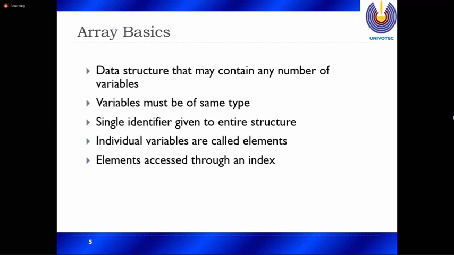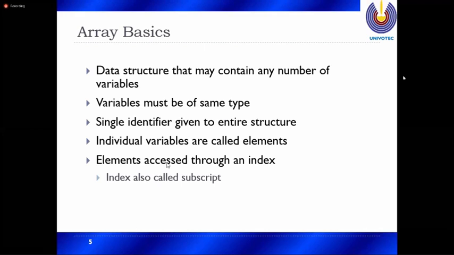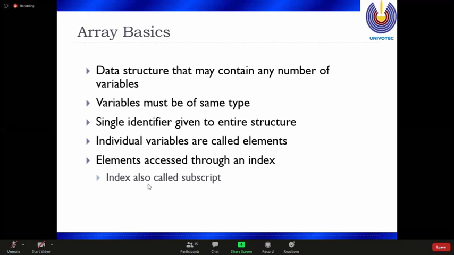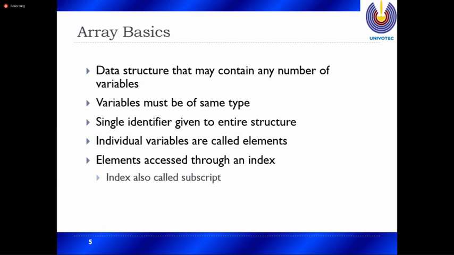The number of elements is, for example, 10, but the last index is the number of elements minus 1, that is 9. The index is also called a subscript. The first element is 0, the second element is 1, and so on.